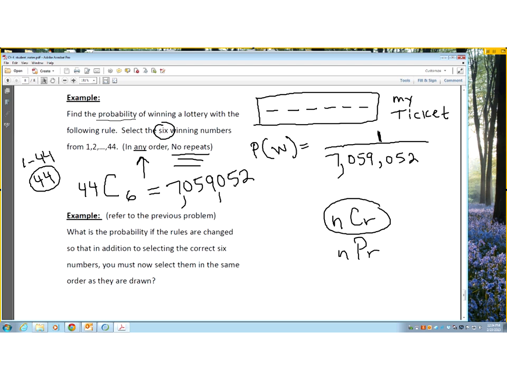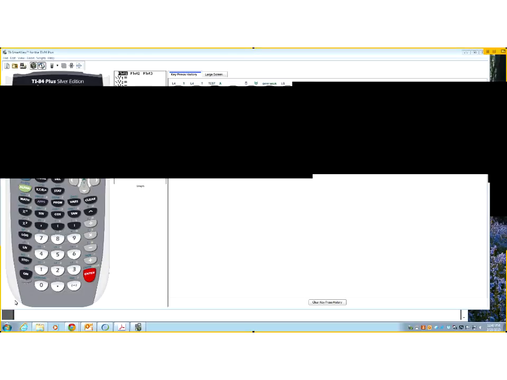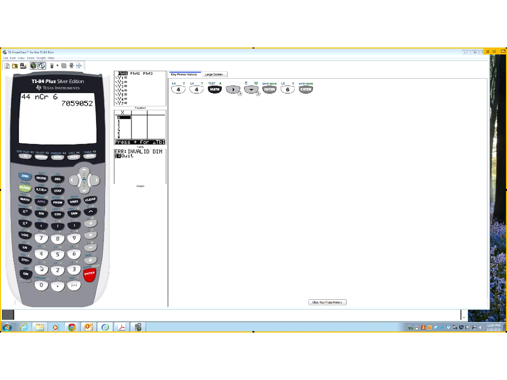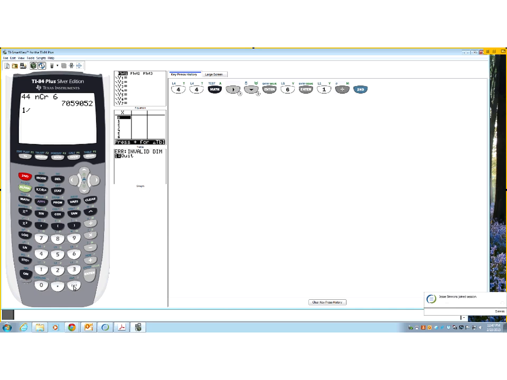So let's go back to the calculator and see what it looks like. It's going to be 1 divided by my answer. I don't want to have to type all that in again, so the way that I get the answer is I go second and then the answer key, which is the negative key at the very bottom. And so I just did 1 divided by my previous answer.